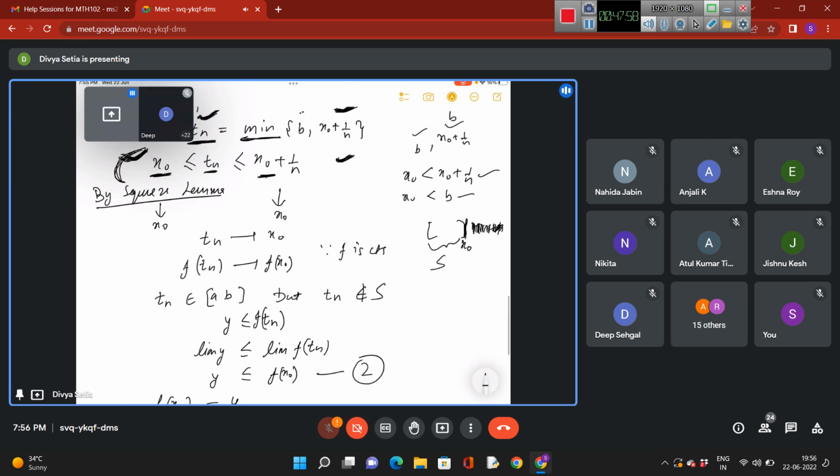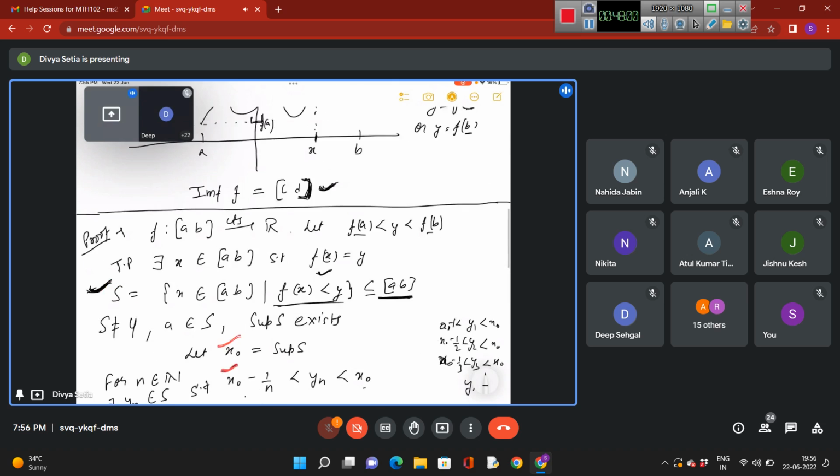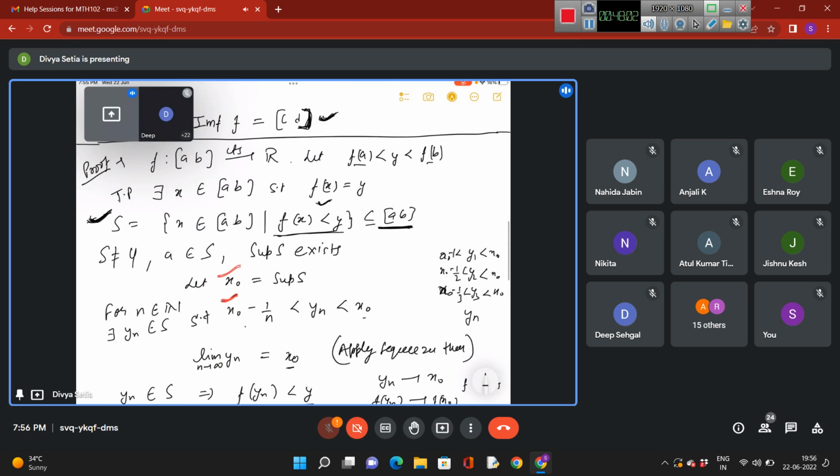Is the proof clear, or should I explain it again? Like summarize it again? What is the idea of the proof? How is each and every value attainable between f of A and f of B?